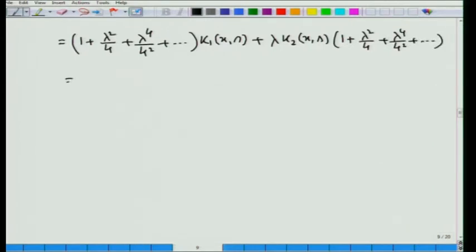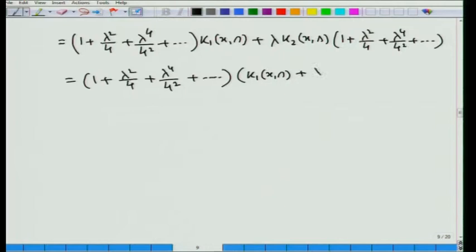So, ultimately we are having this expression, that is 1 plus lambda square by 4 plus lambda to the power 4 by 4 square plus dot dot up to infinity, this multiplied with k1(x, s) plus lambda k2(x, s). This pre-multiplied infinite series you can easily observe is a geometric series, with first term 1 and common ratio lambda square by 4.